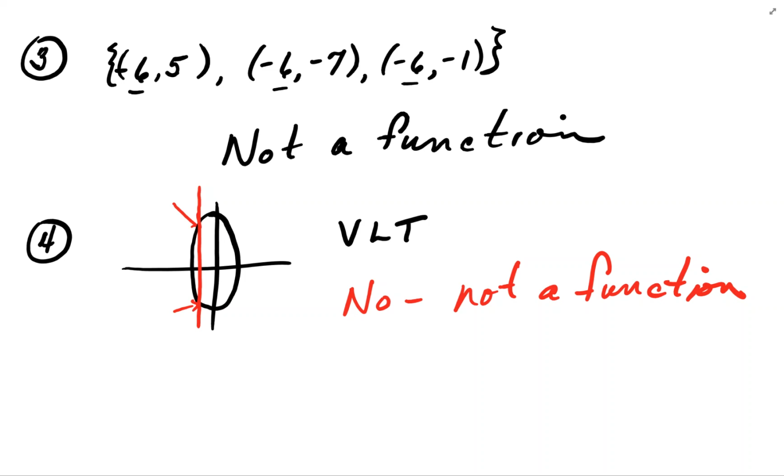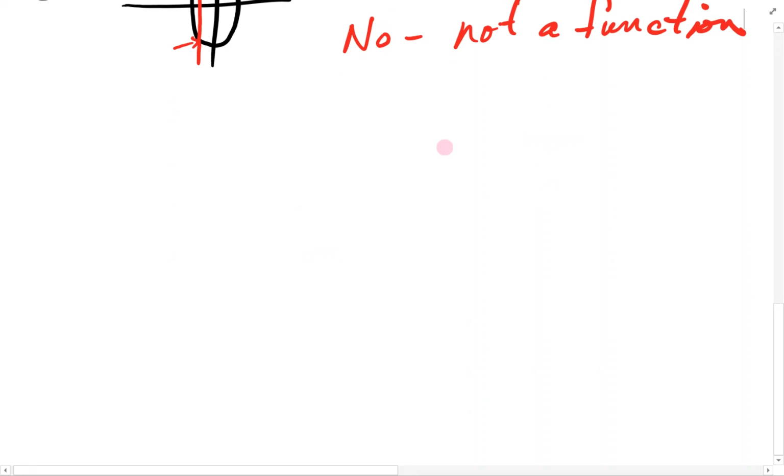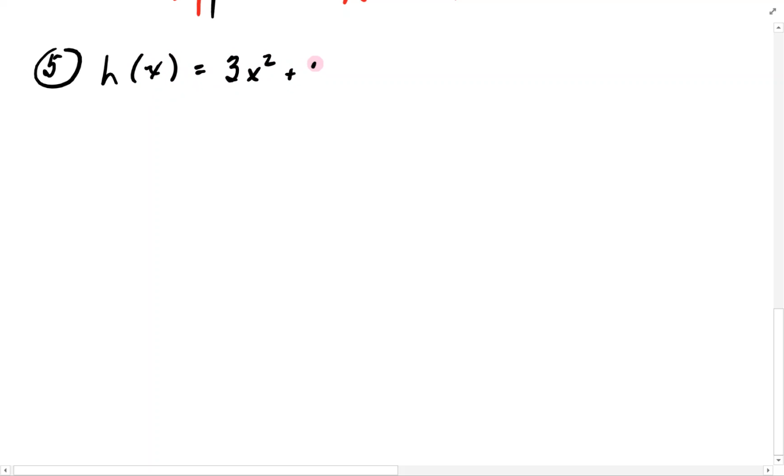All right, let's look at number 5. Numbers 5 and 6 are both about function notation. Number 5 says if we have the function h of x is 3x squared plus 4, and you want to find h of -4.